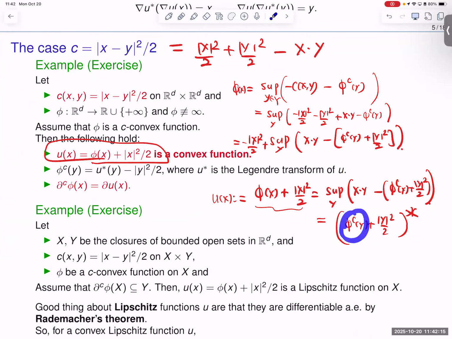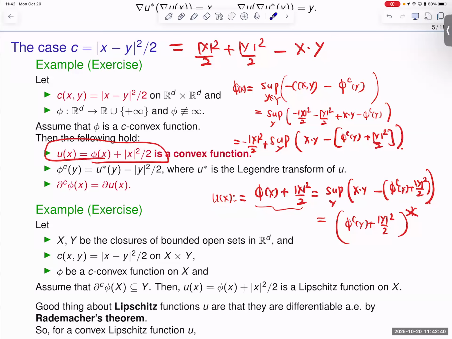This function is in fact a Legendre transform of this function, meaning this function is also convex. So its Legendre transform is u, and the Legendre transform of u is again back to this function. That is what this second line says.